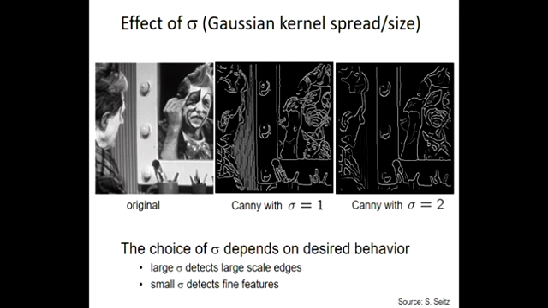Another thing to notice is that with a larger Gaussian, corners get smoothed out more. Like this corner gets more rounded with a larger sigma. This corner of the mirror, you can see with the large sigma, becomes a very round corner, because the smoothing operator will lose that sharpness, so the peak will actually round out.